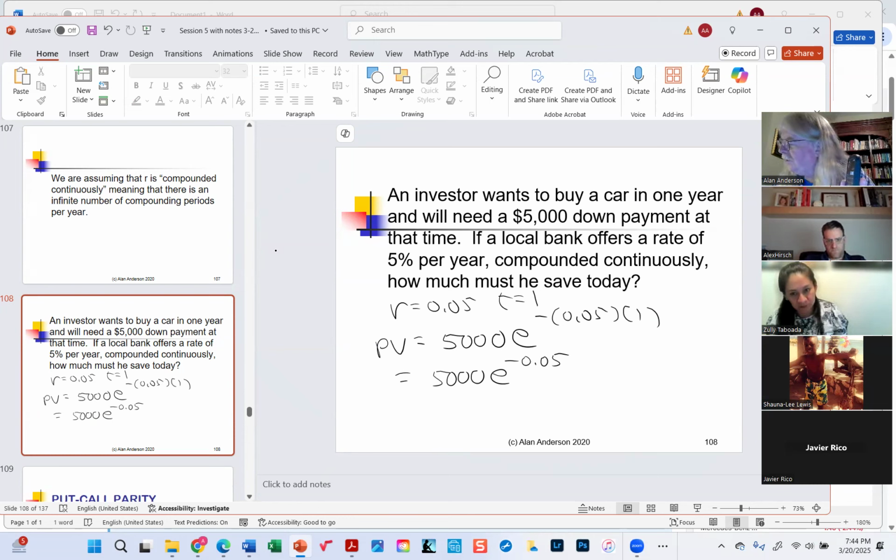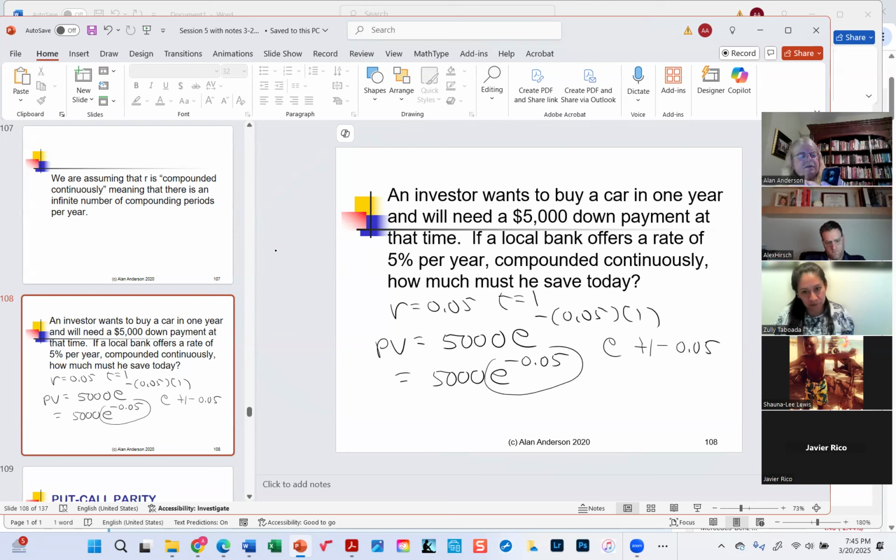So you would take your calculator and you could type e raised to the minus 0.05 power. The button you need is labeled e to the x, and you would type e, and then you would type negative 0.05. Oh, I guess not. Hold on. I'm used to using the TI-84. Let me try this again.